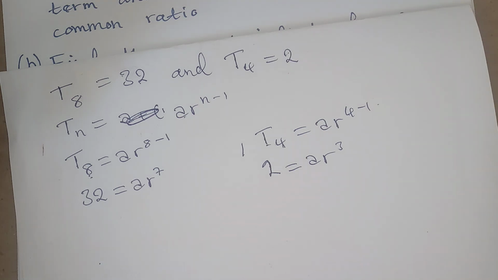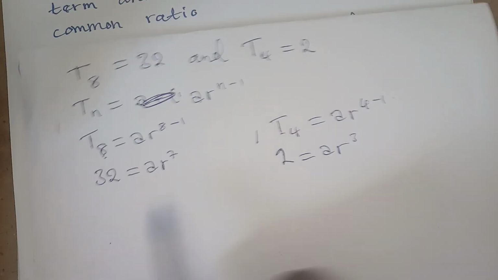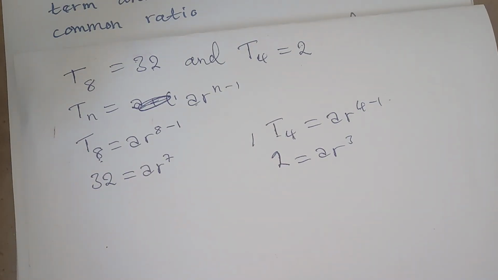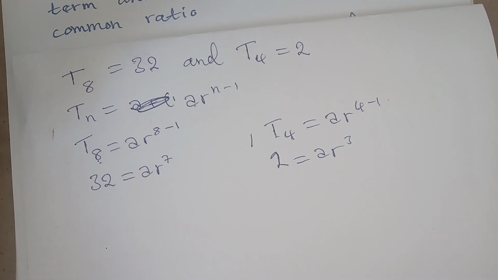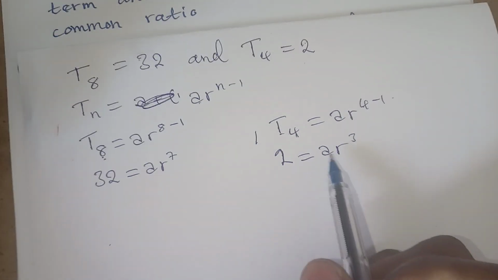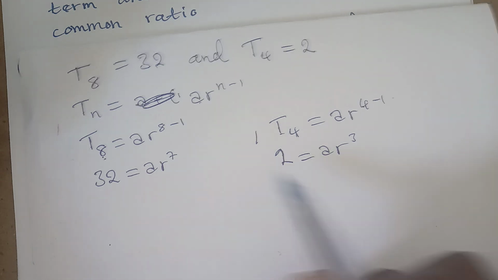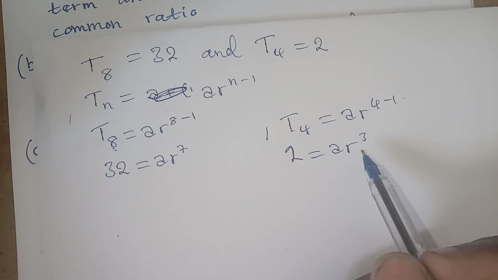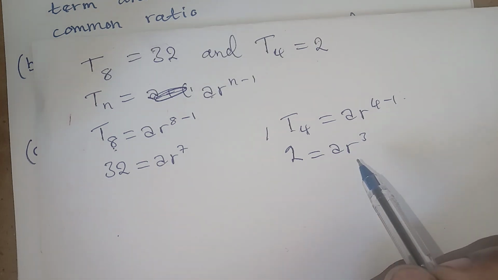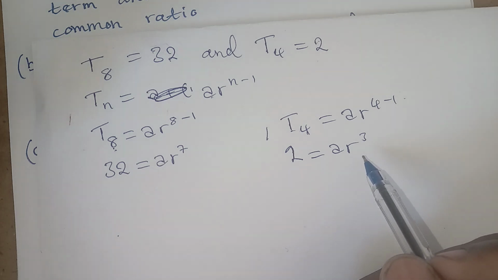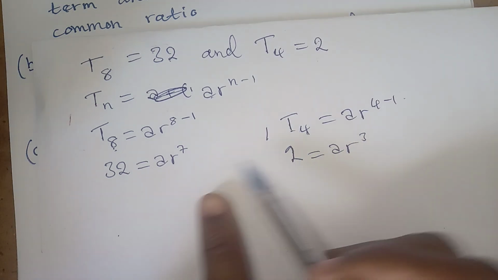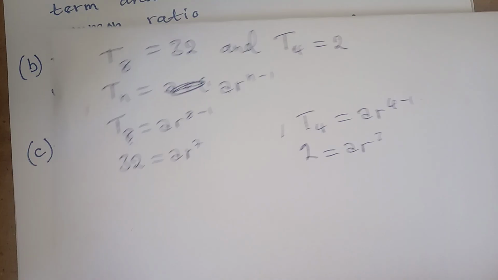So the easiest way of solving these kinds of simultaneous equations is by making A the subject of the formula, because making r the subject of the formula will be a lot of work, and in most cases you have cube roots in this case, and then you have the seventh root there.